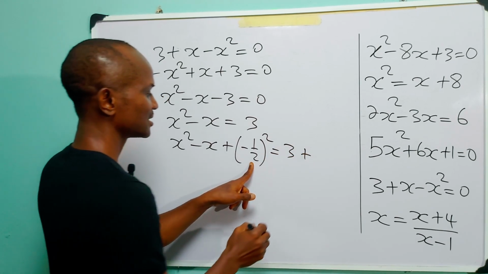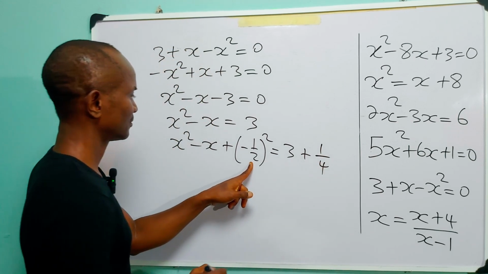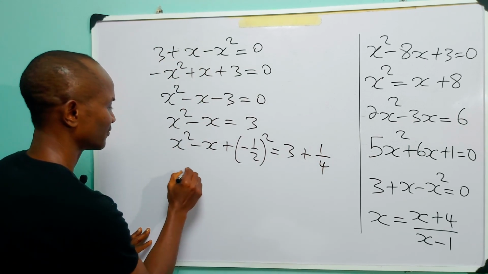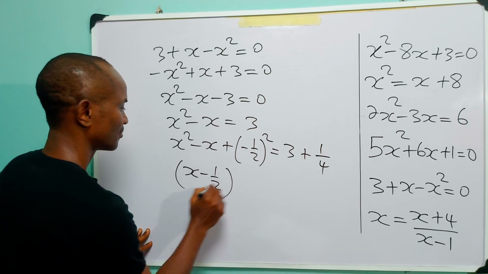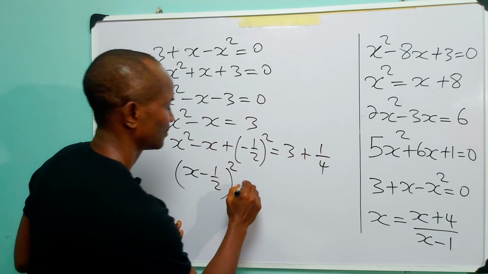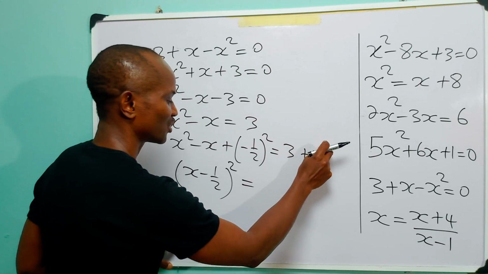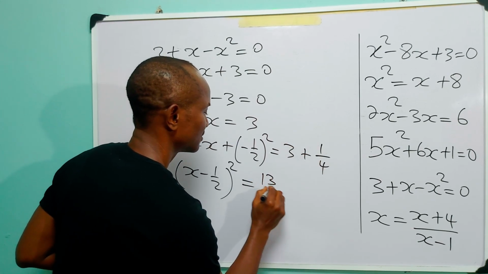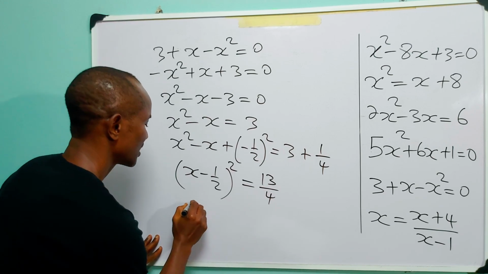Now, evaluating this, we have 1 over 4. So now we take the left side, and we square them. And this is equal to 4 times 3 is 12 plus 1, 13 over 4. Now we take square roots.